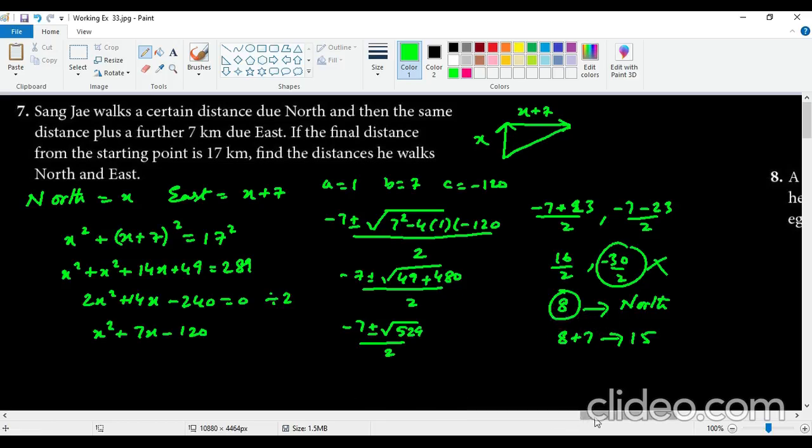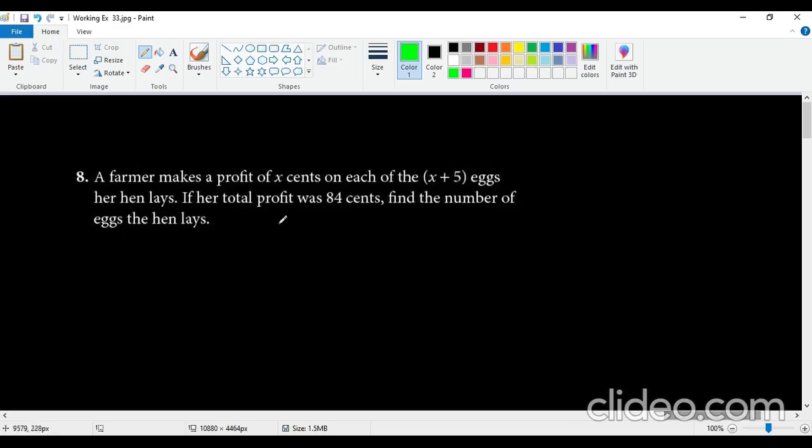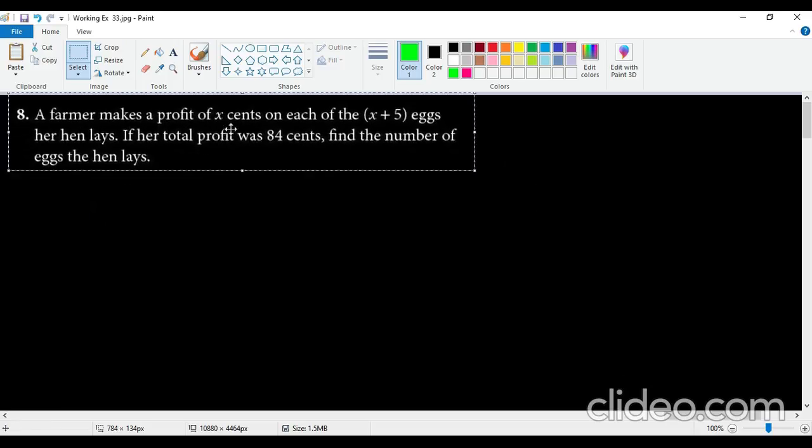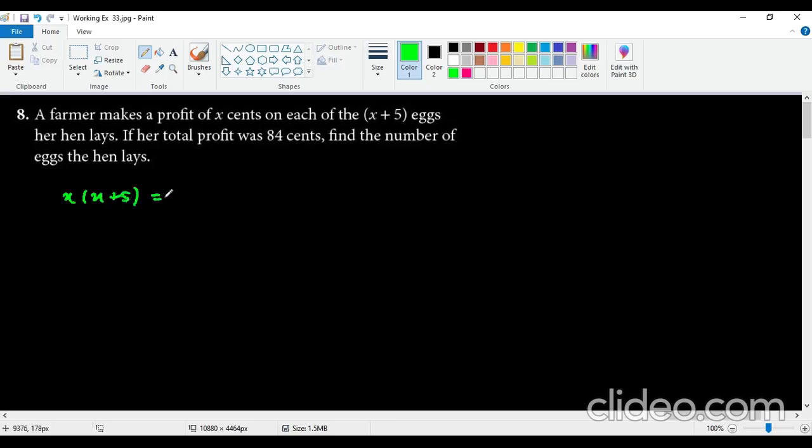Moving on to question number 8. This is about a farmer who makes a profit. Let's see how we do this. According to the condition, the equation we have is x times x plus 5 equals 84. So x square plus 5x minus 84 is going to be the quadratic equation. When we solve using factorization, 12 times 7 is 84, so x square plus 12x minus 7x minus 84 is 0. x is common in the first and second, so x plus 12 and x plus 12 again, and minus 7.